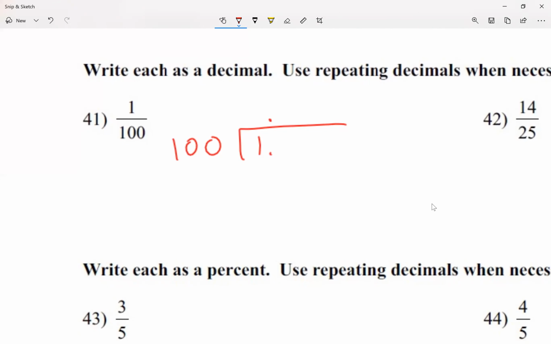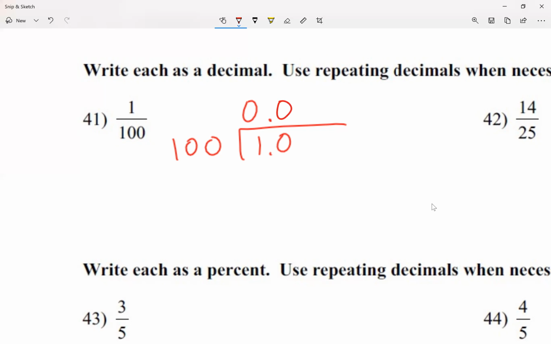So then I ask myself, how many times does 100 go into 1? Well, 0 times because 100 is bigger than 1. So I'm going to add another 0 here. How many times does 100 go into 10? I cannot do that because 100 is bigger than 10.